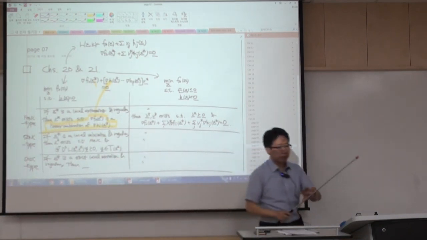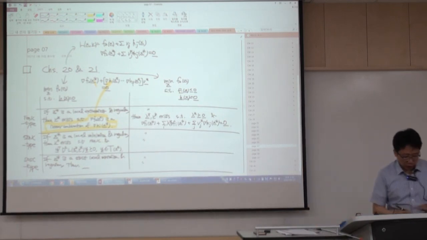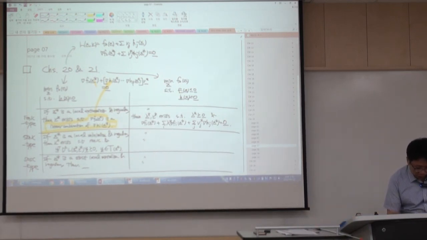Got it? And another one, the second order sufficient condition, is that there exists nu star such that the first order necessary condition holds, and y transpose Hessian of L at x star, nu star, y is strictly positive for all non-zero y in the tangent space.